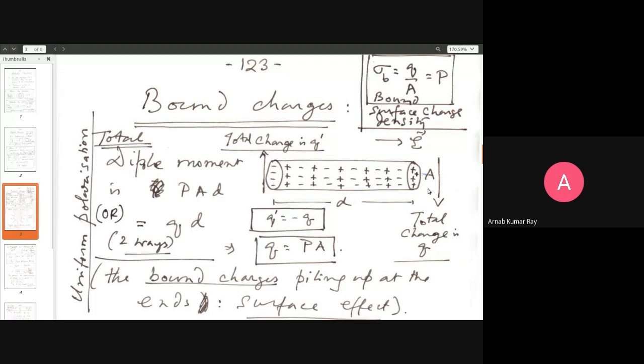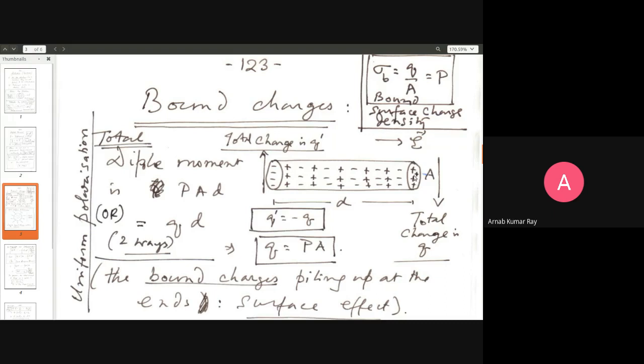So if the total amount of charge gathered at this end is plus Q, and the total amount of charge gathered at this end is Q prime. Okay, but then the plus here will be equal to the minus here in number. So Q prime, the number of negative charges, will be equal to minus Q here.